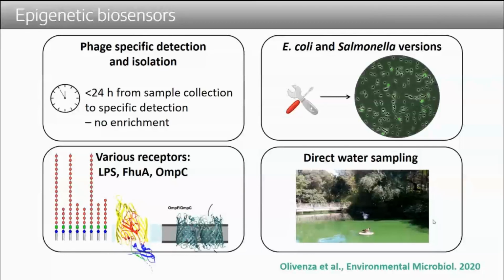You don't need to enrich your sample. So we have E. coli and Salmonella versions. You can discriminate, as I told you, between different receptors. And the trick I was talking about is that you need a place where you have ducks, because if you have ducks, you have Salmonella. If you have Salmonella, you have phages.